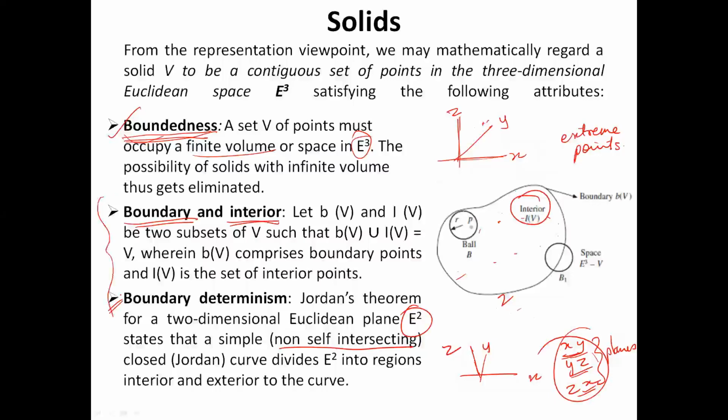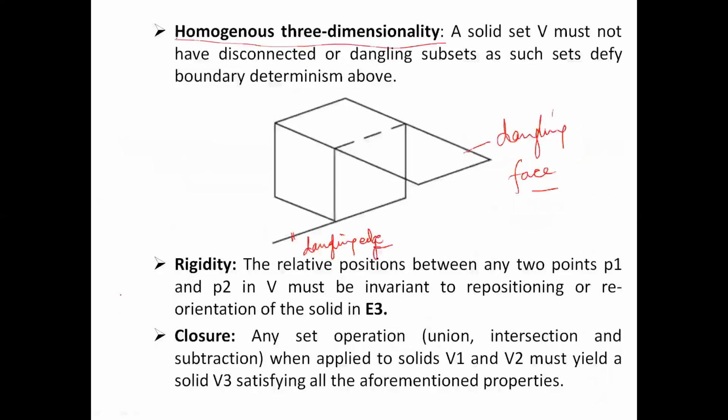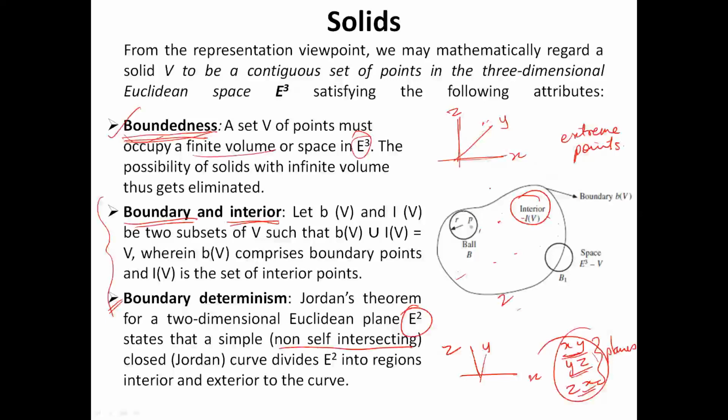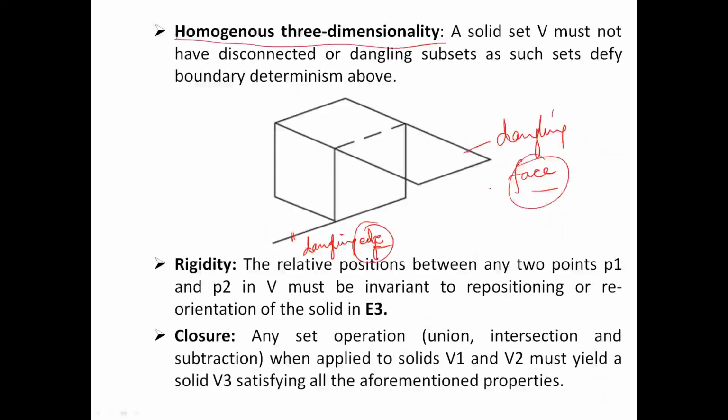That is, the boundary and interior definition and the boundary determinism have to be satisfied even if you are creating an edge or an extra face. So if you are extruding something or joining two different objects together, first of all, homogeneous three-dimensionality has to be taken care of, boundary determinism has to be taken care of, and the definition of boundary and the interiors has to be satisfied.